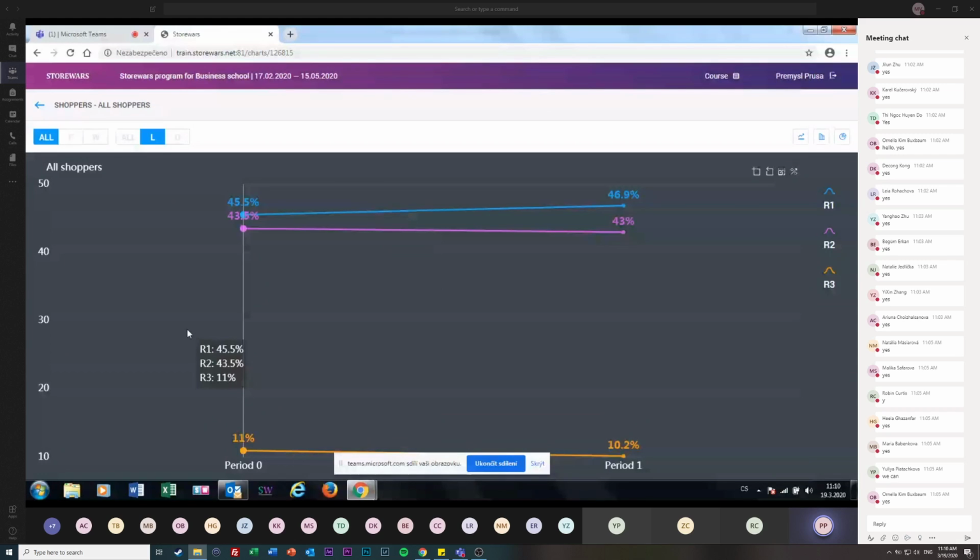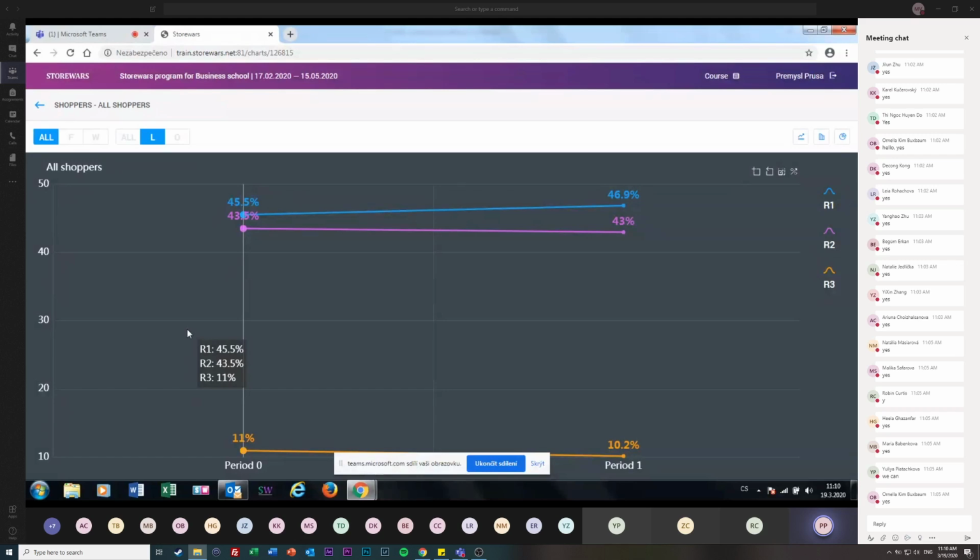And here it's quite obvious that retailer 1 is a little bit stronger, having about 4 percentage points more than retailer 2. Retailer 2 has dropped a little bit, but not much, so I don't see a problem. That's fine.